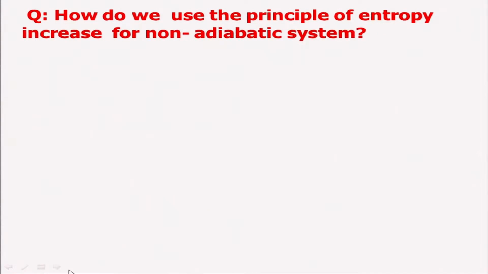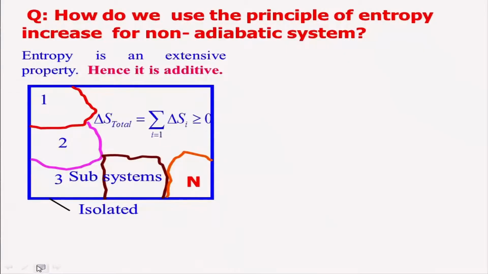So, therefore, the entropy generation cannot be a property of the system. So, how do we use the principle of entropy increase for a non-adiabatic system? Because what we have seen is that we say dq is equal to 0, but how will we do that? As I told, entropy is an extensive property, hence it is additive in nature.